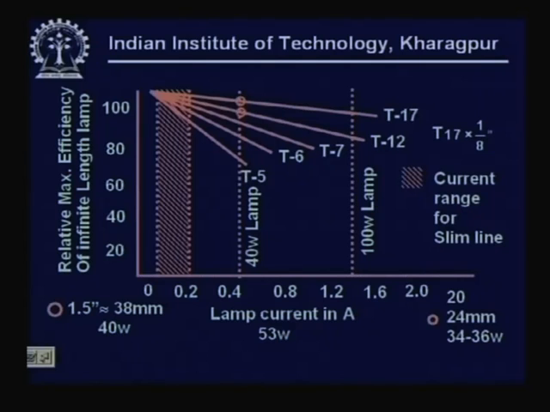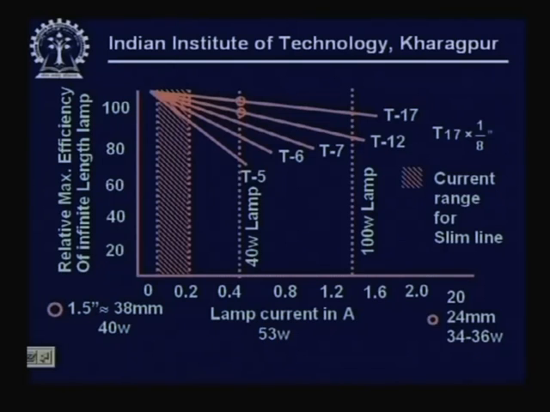Let us look at the relative efficiencies of the lamps for varying diameters with respect to their lamp current, and what do we find? We have here lamps marked from T5 to T17. There are two particular lines marked which are 40 watt and 100 watt vertical lines.